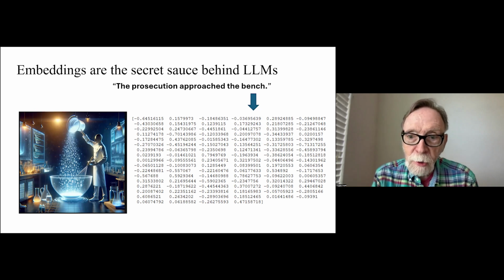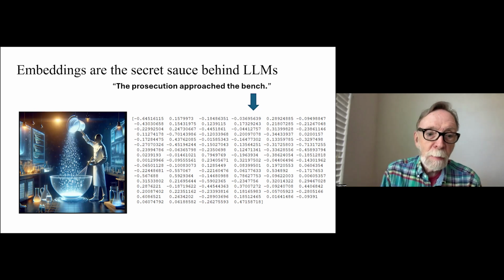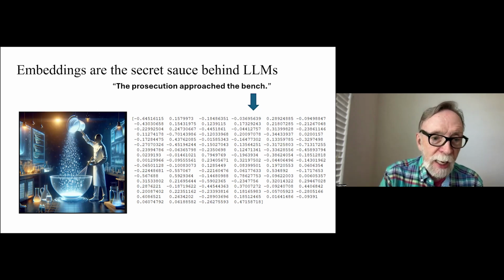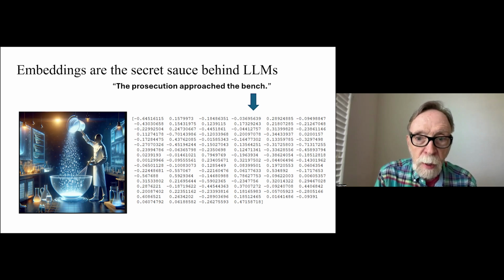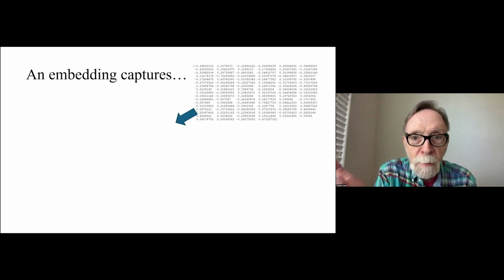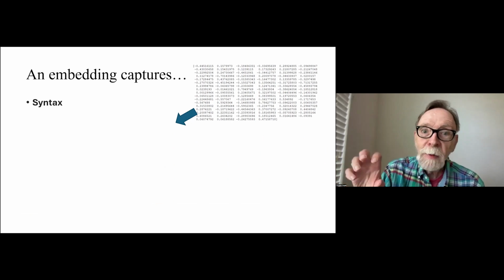This huge collection of numbers is the basis for what large language models do. This represents their understanding of the text. Let's take a look at what is in this chunk of numbers.